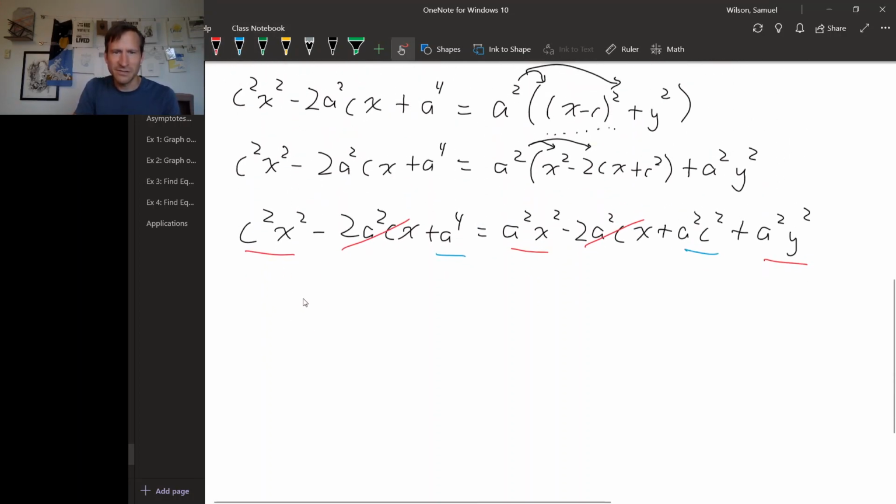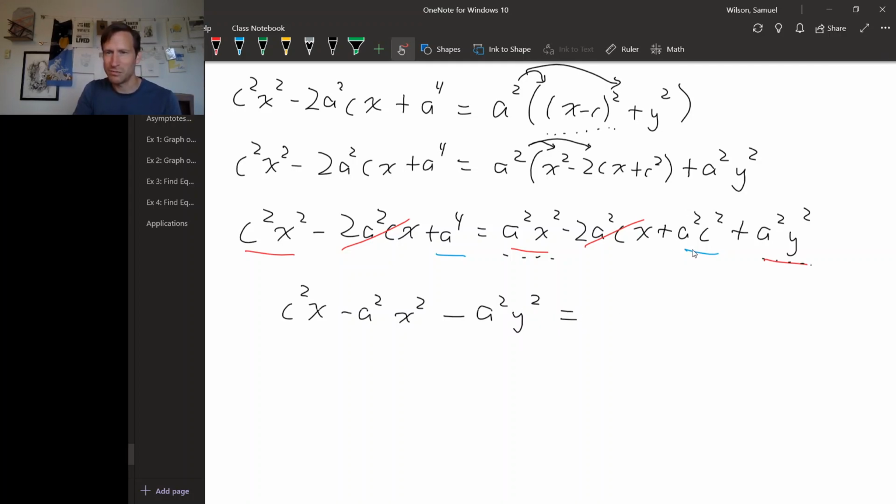Okay, so on the left we have c²x² − a²x² − a²y² equals, and on the right we have a²c² − a⁴.